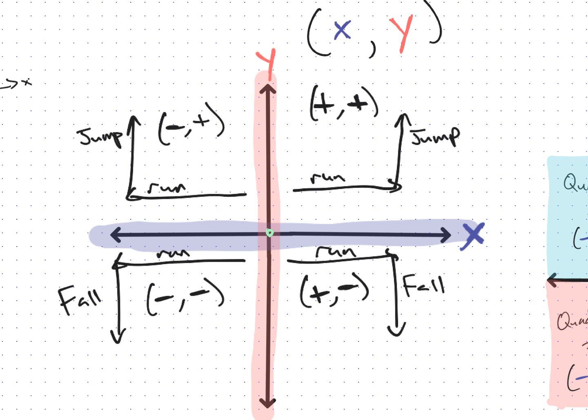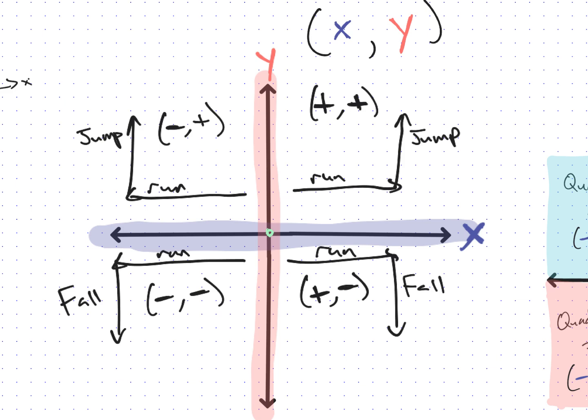Both of our coordinates here will be positive. We'll have a positive x coordinate and a positive y coordinate. If we have a negative x coordinate, we run in the opposite direction. We go negative. If this is 0, we're going this way. So we're still going to run and then jump.